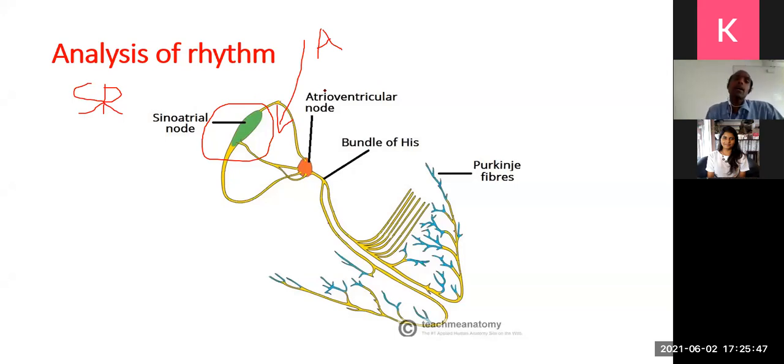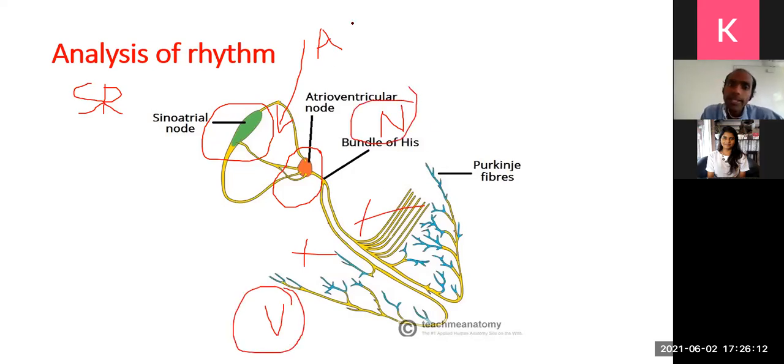Similarly, abnormal currents can generate in and around the AV node. That's called a nodal rhythm. If your predominant electrical activity starts in the ventricle, that's called a ventricular rhythm.